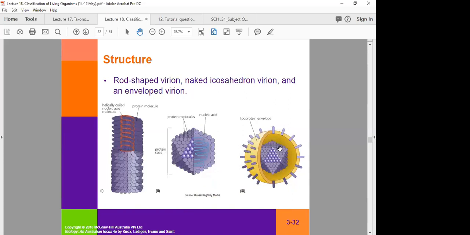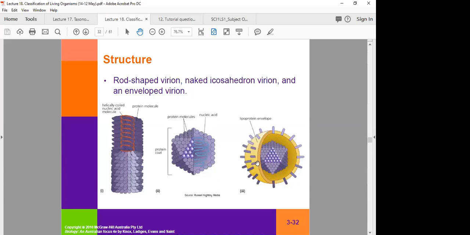Here we have what's called an enveloped virion. Once again, it contains a nucleic acid enclosed within this protein coat, and the protein coat often takes on this shape, the icosahedron shape. And then to the outside of that protein coat, we have a membrane. This is a lipid bilayer, which surrounds that protein coat. So you might say, well, hang on, if there's a lipid bilayer membrane, why is that not considered a cell?